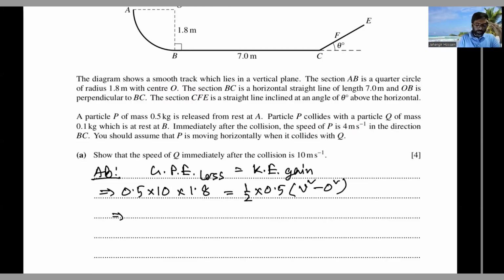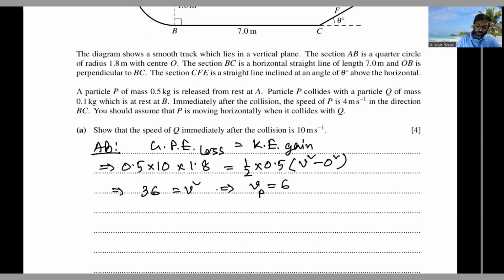If we divide both sides by 0.5, we have 36 equal to v squared. So v is 6. That's the speed of P just before colliding with Q.